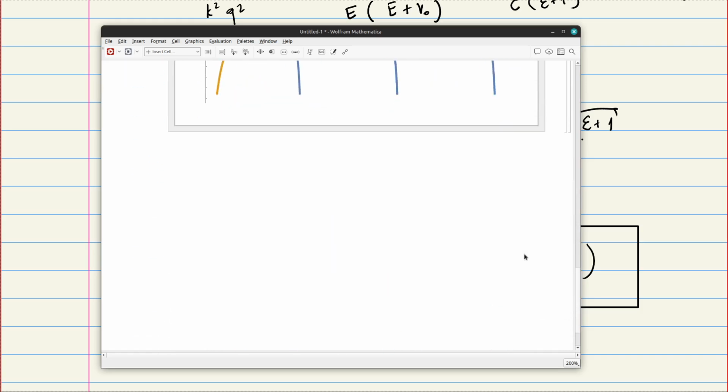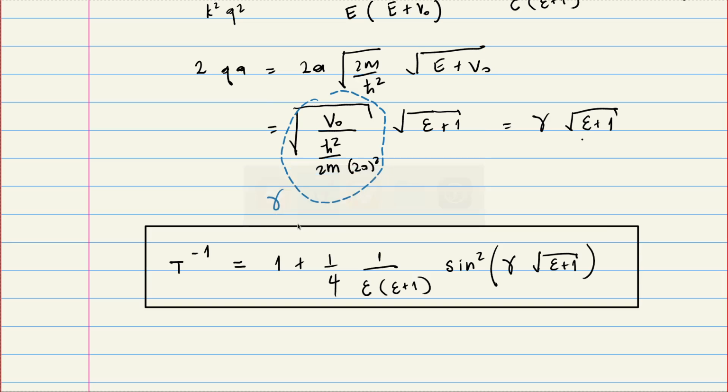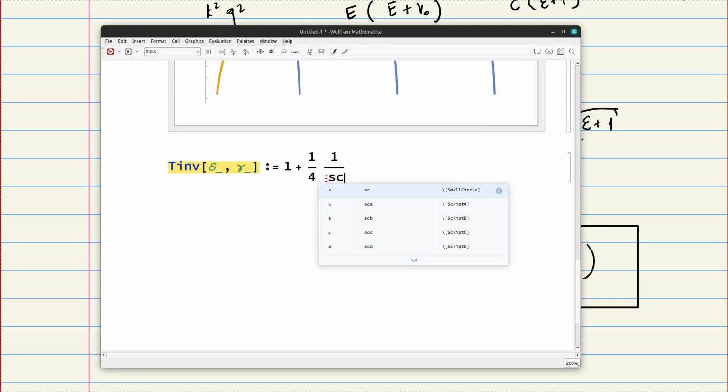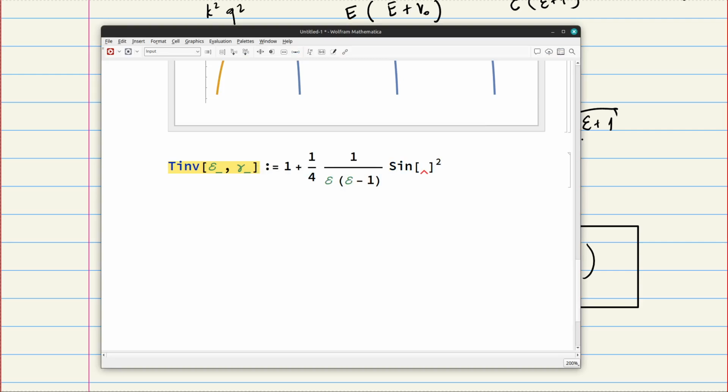So I want to now define something T inverse, which is going to be a function of energy, and this potential valve is going to be equal to 1 plus 1 over 4, 1 over epsilon minus 1, and this is sine squared, and inside I have gamma times E. Is that correct?